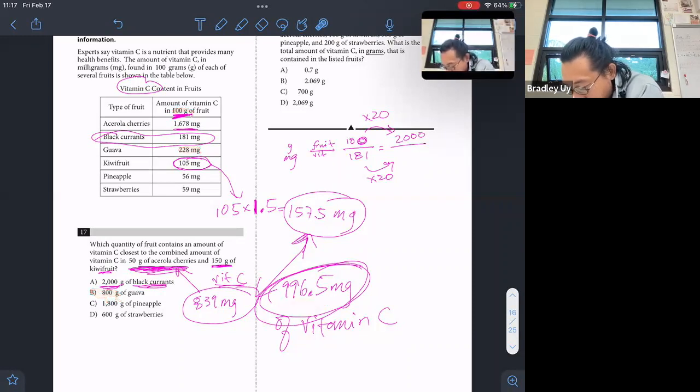Let's consider the pineapples. 1,800 grams of pineapples. Pineapples is here, and we're comparing it to this. So that would be 18 times. Let's take a look. I'm going to create a similar proportion up here. This is for pineapples.